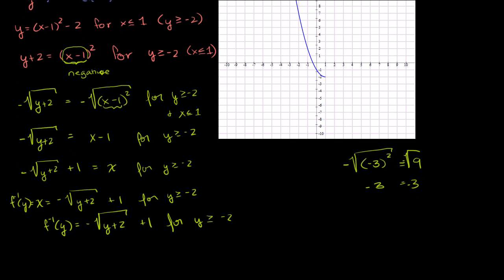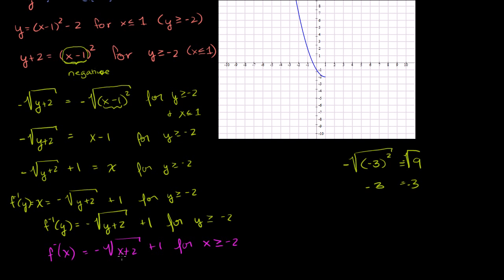So we could write f inverse of x is equal to the negative square root of x plus 2, plus 1, for x is greater than or equal to negative 2.